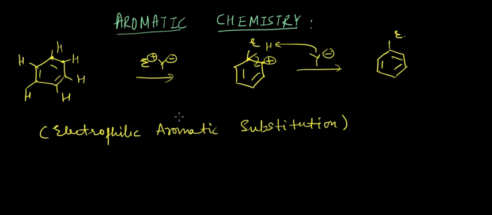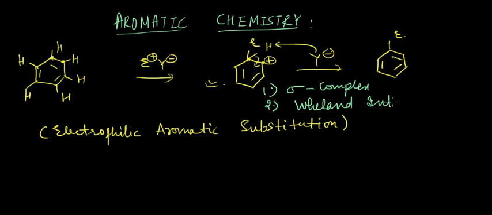Okay, and this, the intermediate, is called either a sigma complex or Wheland intermediate, and it is also called an arenium ion.